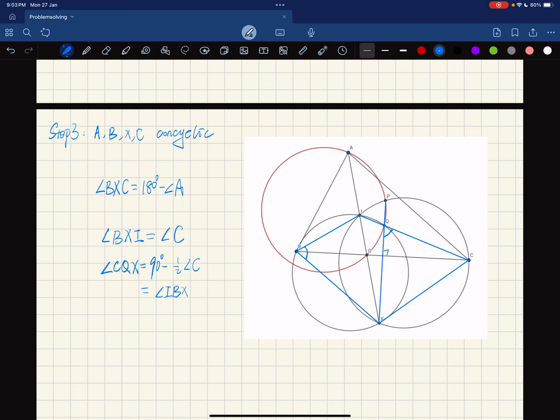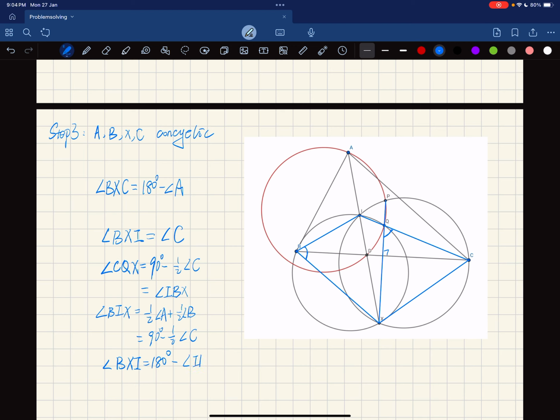Okay, and then the angle BIX equals half of angle A plus half of angle B, which equals 90 degrees minus half of angle C, right? So angle BXI equals 180 degrees minus angle CQX. Not CQX.